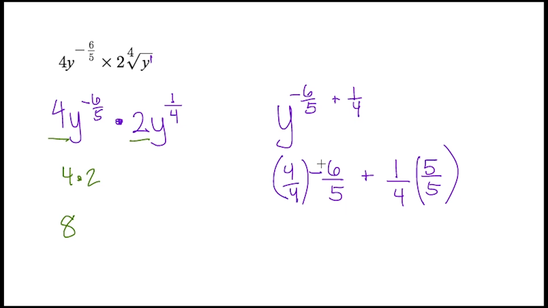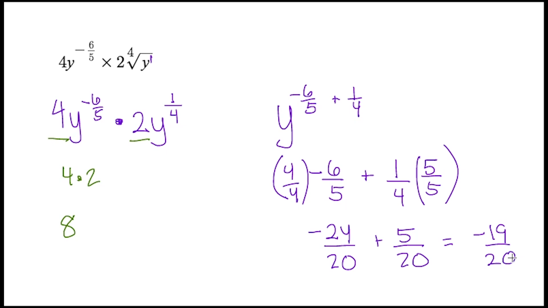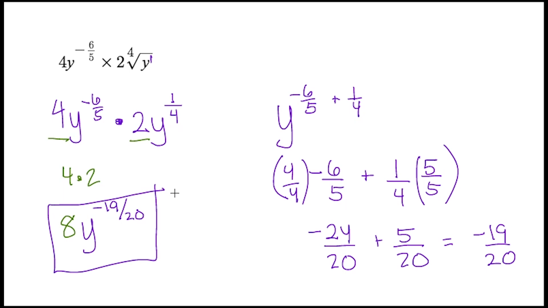This will give you negative 24 over 20 plus 5 over 20, which is equivalent to negative 19 over 20. And that's the exponent of my y. So your final answer, 8y to the power of negative 19 over 20.